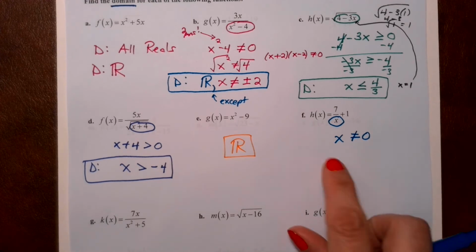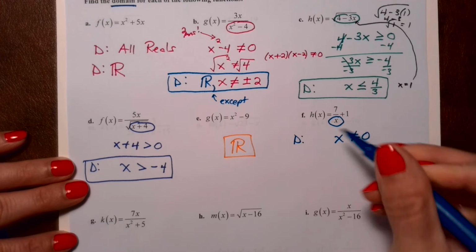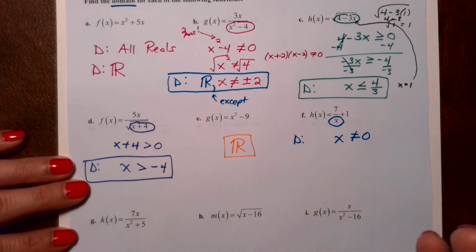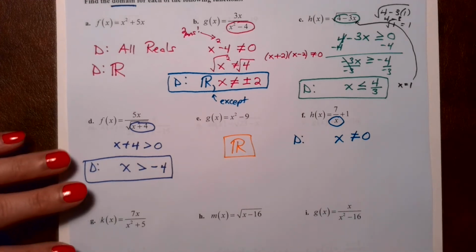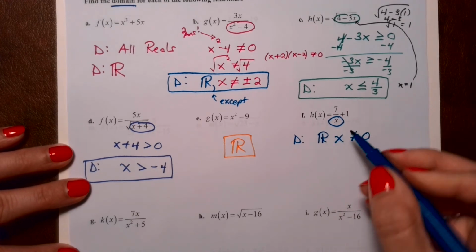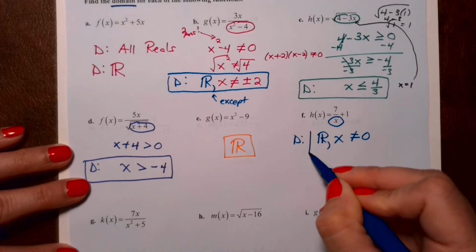It's already done. X cannot equal 0. So what is the domain? What numbers are you allowed to put in? Well, not 0. But what numbers can I put in? I won't use 0. I'll use all the other real numbers. All real numbers, comma, except don't use 0. So that's the domain.